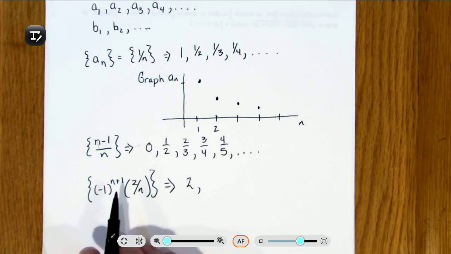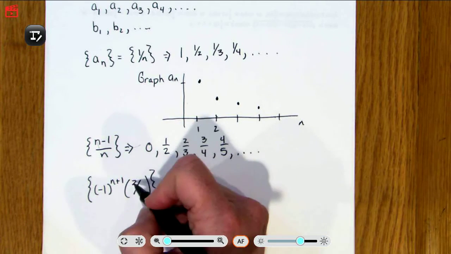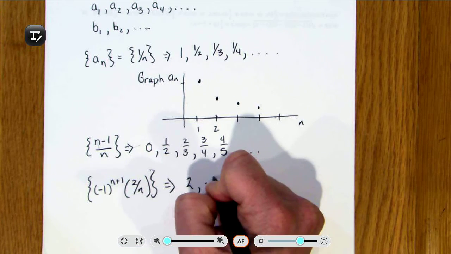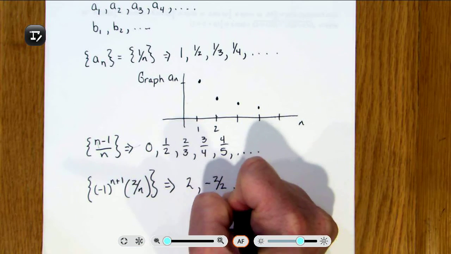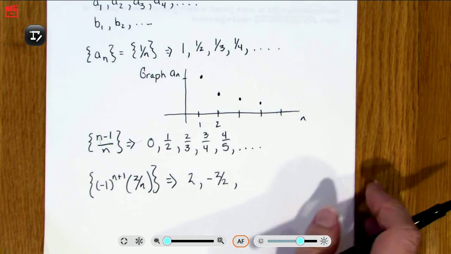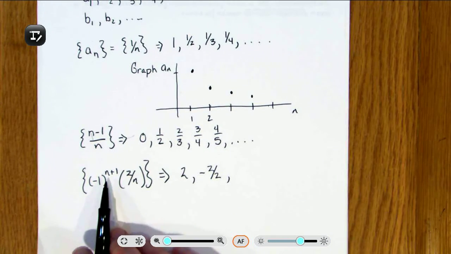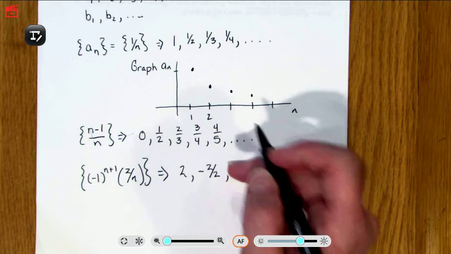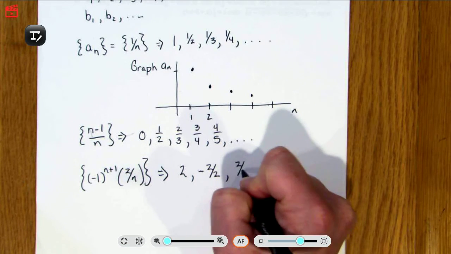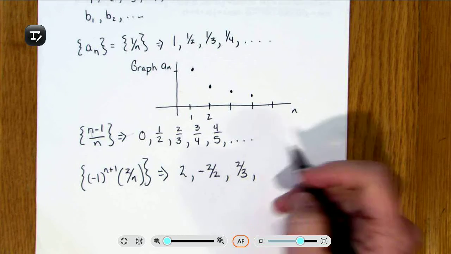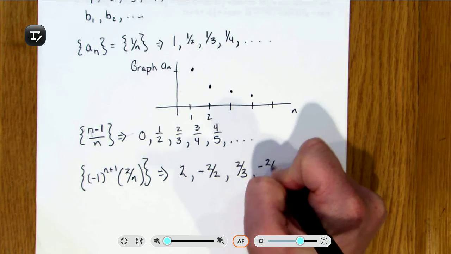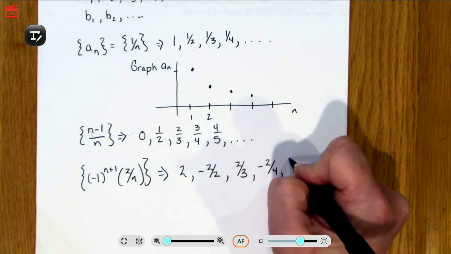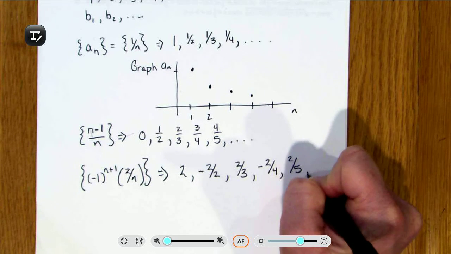If n is 2, this is negative 1 to the third, which gives me a negative, and I'd get 2 over 2. And I'm going to leave it as 2 over 2. I could go back and reduce them. The next one would give me a positive number, and I'd have that 2 over 3. The next one would be a negative 2 over 4, positive 2 over 5, and so on.